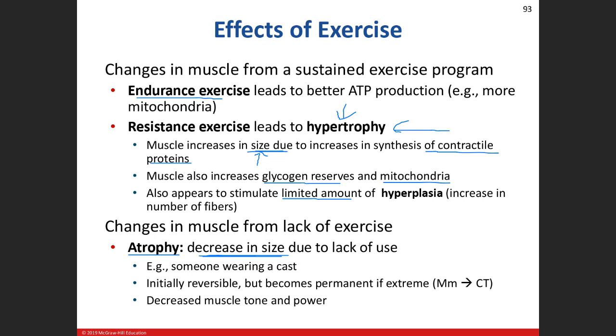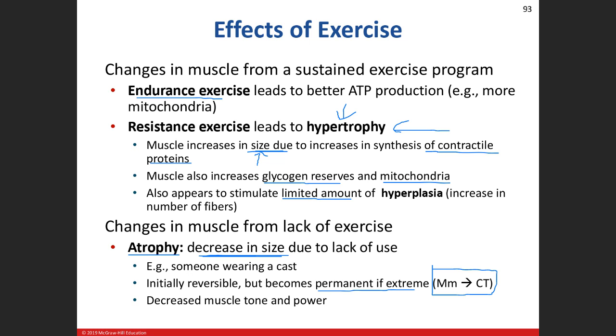And if it's not reversed, it can become permanent, because you'll start to get connective tissue. That's what this here says. MM stands for muscle. CT stands for connective tissue. So your muscle tissue will then start to convert into connective tissue.